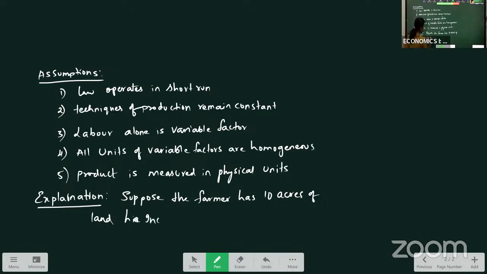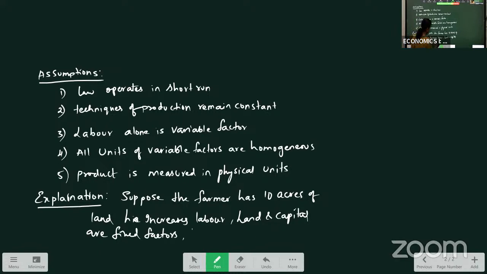He increases labor as a variable factor, and land and capital are assumed to be fixed factors. Then what are TP, AP and MP? TP, AP and MP are as follows.